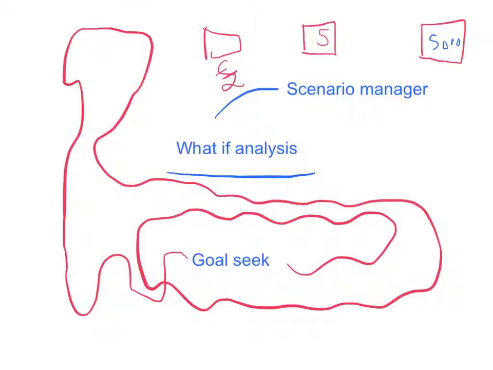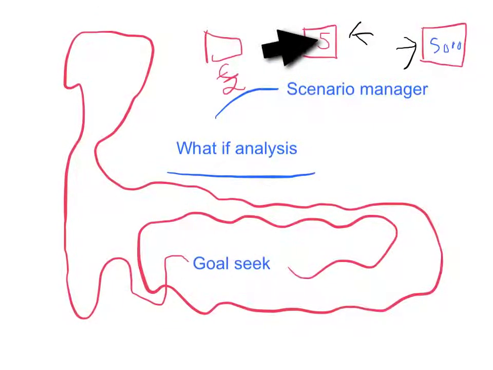Okay, so what the computer will do is it will say, okay, you want me to change this number in order to get this number. I'll keep changing this until I get this. That is an example of goal seek and what if analysis.